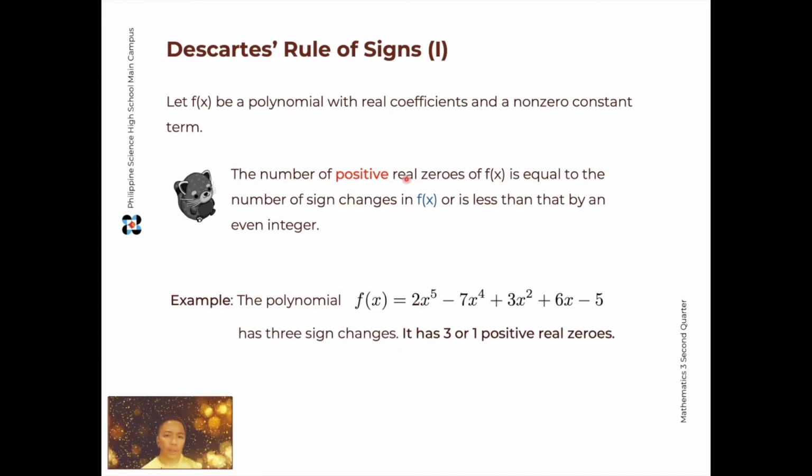So, following the rule, kung bibilangin natin yung positive real zeros, then it could be equal to the number of sign changes, so tatlo, or less than that by an even integer. So, pwedeng tatlo, or less than that by an even integer. Pwedeng isa lang. Hindi pwedeng dalawa. Dahil sabi ni Descartes, hindi pwedeng dalawa. 3 or 1. Hindi rin pwedeng wala.